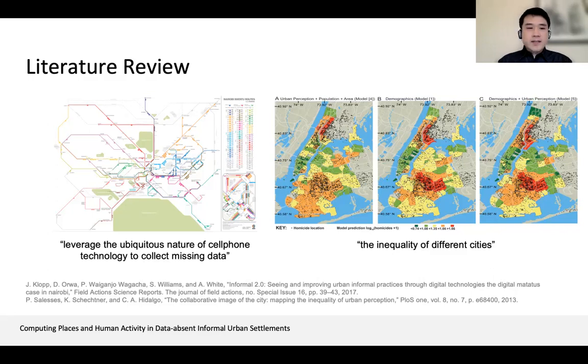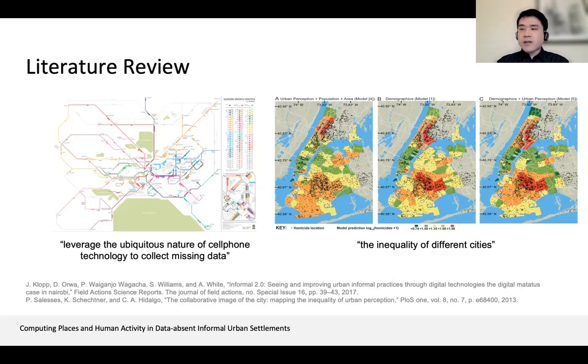For example, as you can see, there are different research methods to address such issues by leveraging the ubiquitous nature of cell phone technology, the mobile phone data, to understand public transit, the informal transit system, or to use urban data to quantitatively measure the inequality of neighborhoods across different locations in the city.